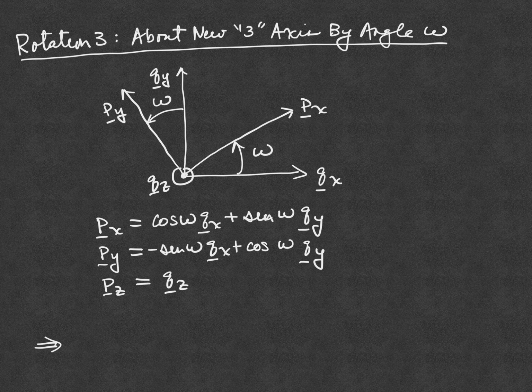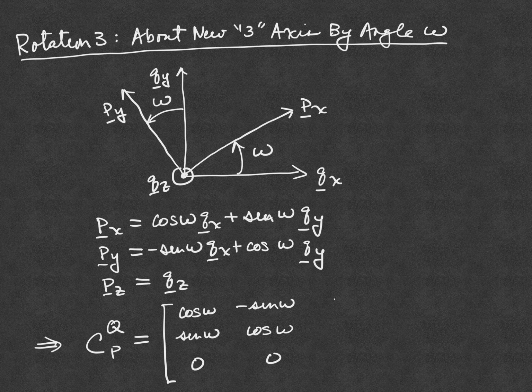So as a result, we get the transformation from P to Q is equal to cosine of omega, sine of omega, 0. And we get minus the sine of omega, cosine of omega, and 0, and then 0, 0, 1, with, again, P equaling Px, Py, Pz, which is the perifocal basis. So now we have 3 transformations that we can write down.